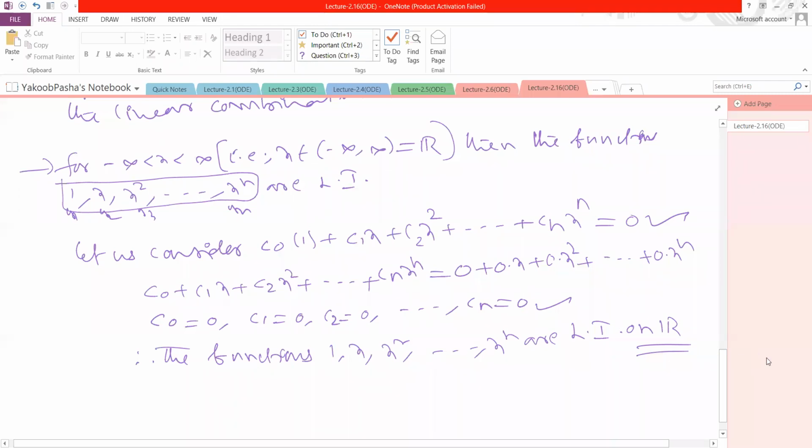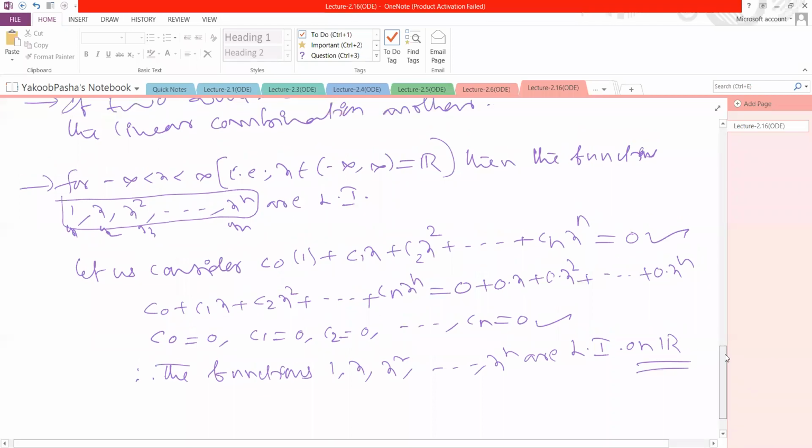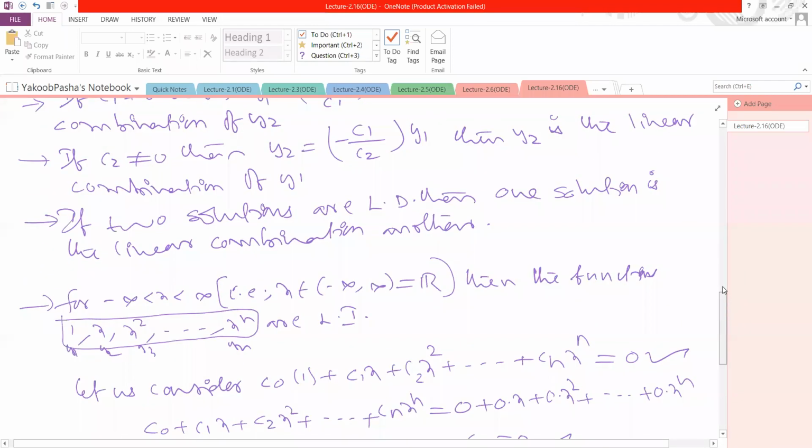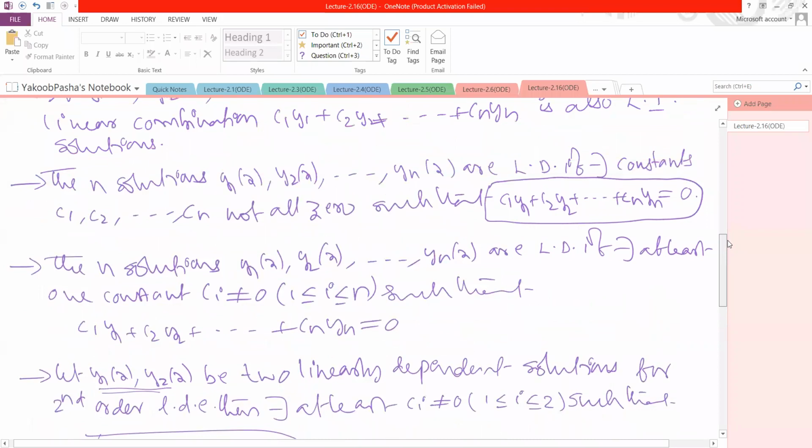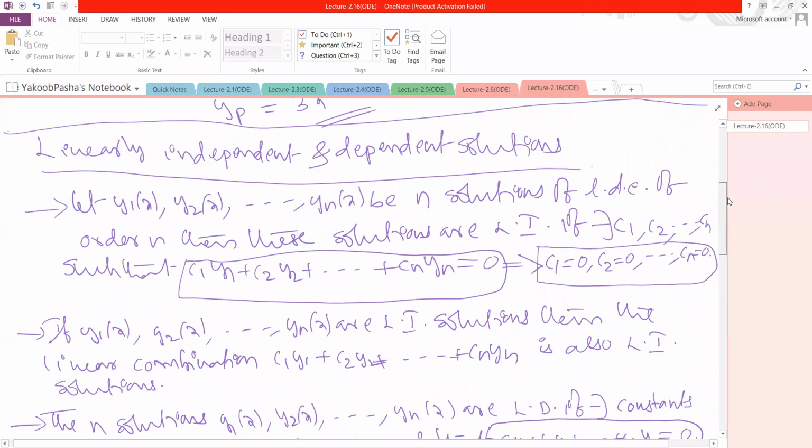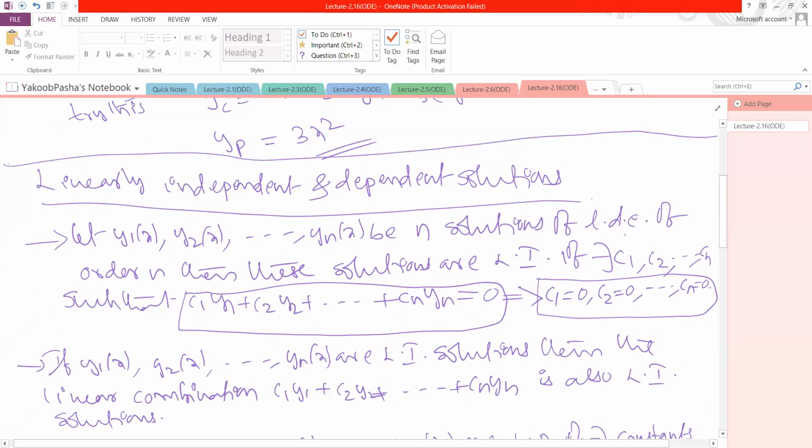Now once again I am repeating the definitions here. The n solutions y1, y2 up to yn are said to be linearly independent if the linear combination c1 y1 plus c2 y2 plus up to plus cn yn equal to 0 implies all the scalars, all the constants c1, c2 up to cn are 0.